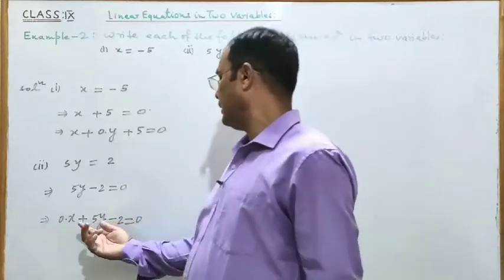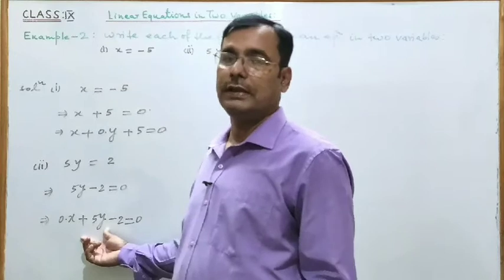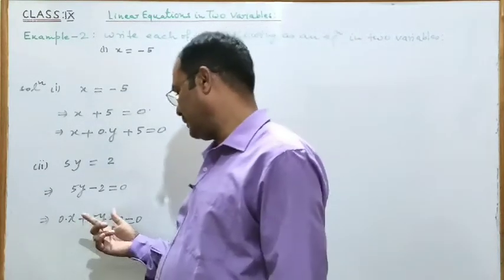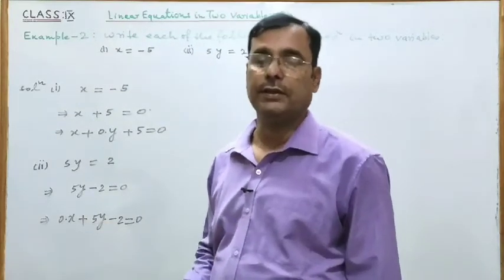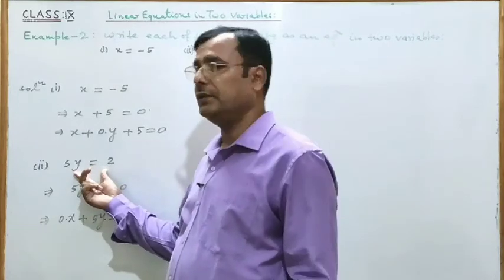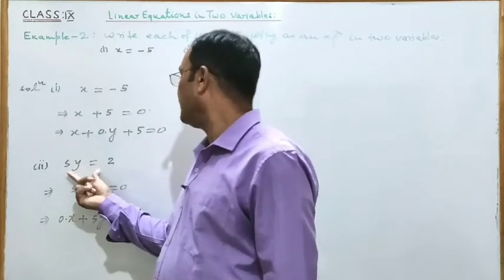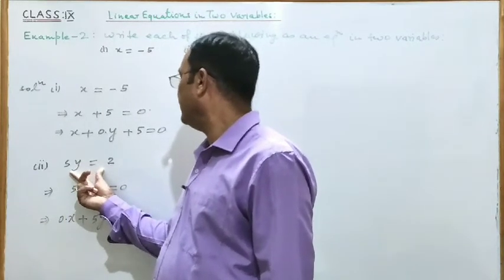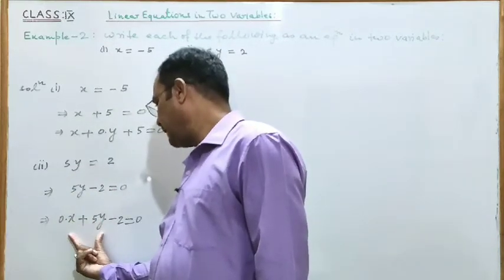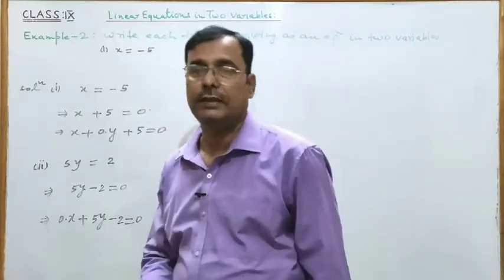Now this equation is written as an equation in two variables, that is, in the form of a linear equation in two variables. So we were given 5y equal to 2 as a linear equation in one variable, the variable being y, and we have written the same linear equation as 0x plus 5y minus 2 equal to 0, which is a linear equation in two variables.